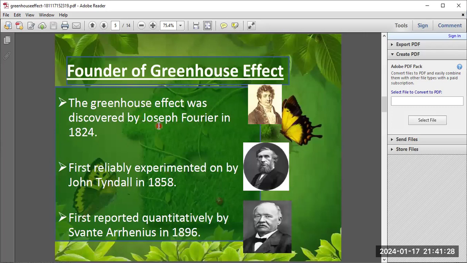Means the person who discovered the greenhouse effect was Joseph Fourier, but John Tyndall did the experiment on the greenhouse effect in the year 1858. And the third person, Svante Arrhenius, reported the quantities related to the greenhouse effect in 1896.